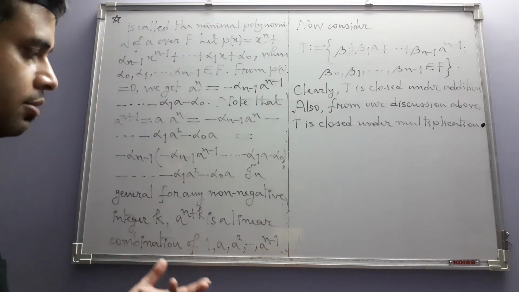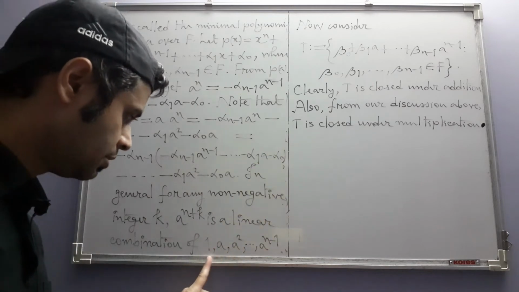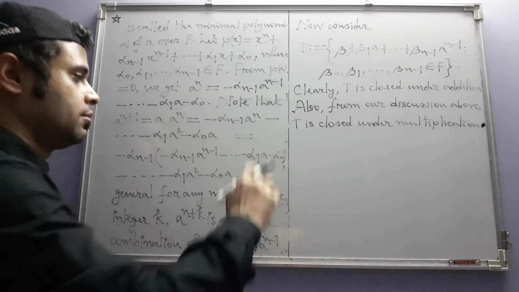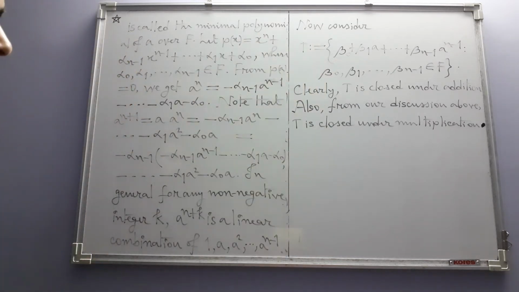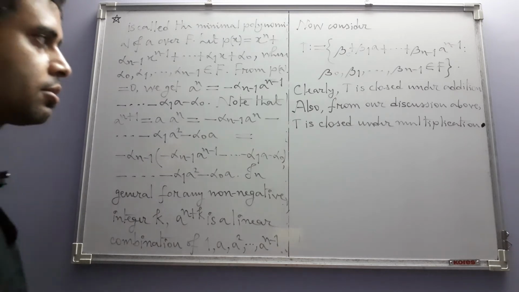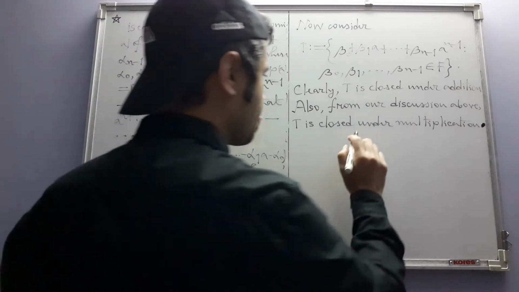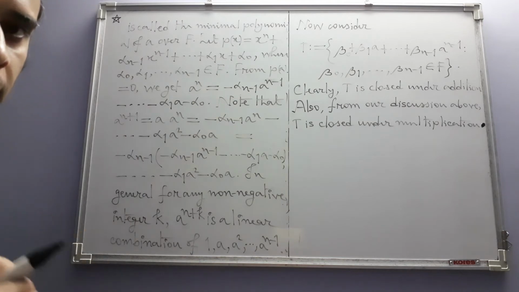So ultimately you end up with an expression that is again a linear combination of these powers of A, that is again an element in T. So T is closed under addition as well as multiplication. In fact, T is closed under subtraction if we really think of it. So T is a subring of K.